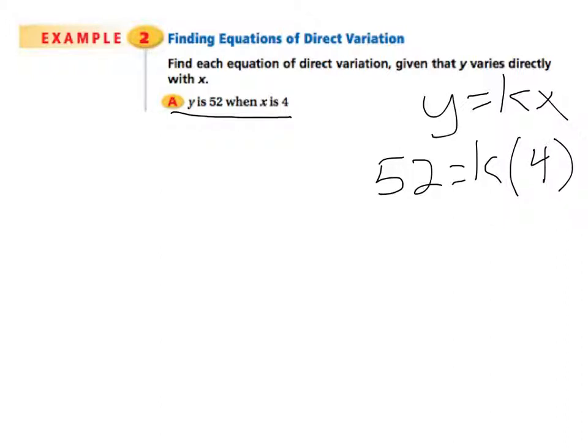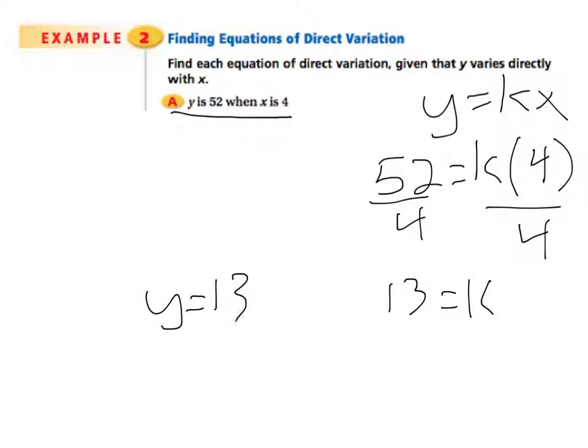Now we want to get k by itself to figure out what the direct variation is. To get k by itself, we're going to divide by 4, and we find that k is equal to 13. So the equation is y is equal to 13x. So you look for k and you plug it in when they're asking you to figure it out.